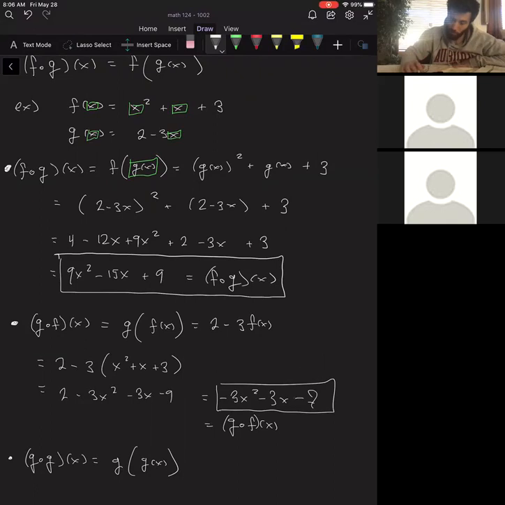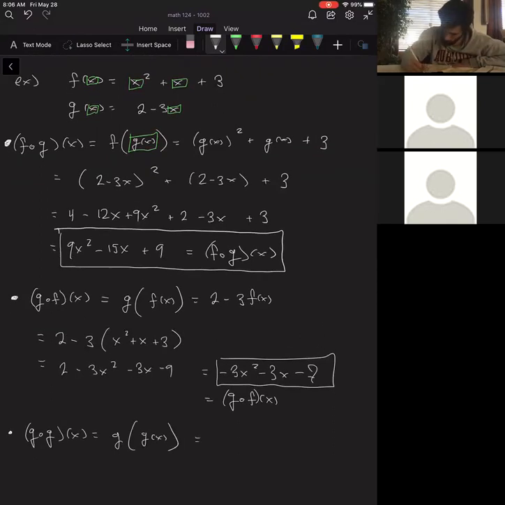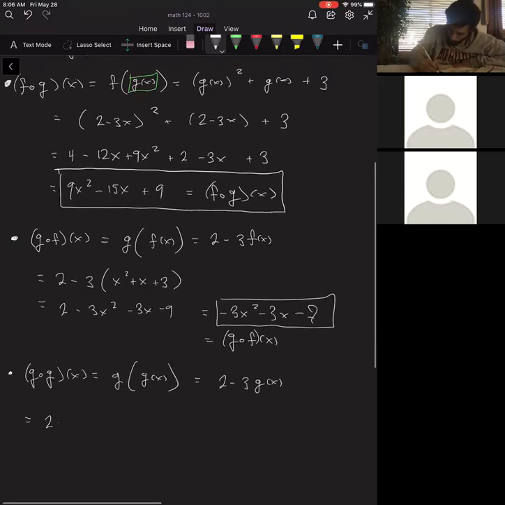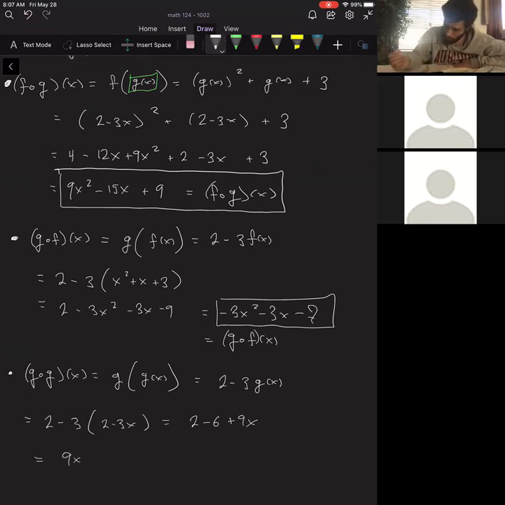This is just going to be 2 minus 3 times g of x, which is equal to 2 minus 3 times, and g of x is 2 minus 3x. So we plug 2 minus 3x in for g of x. This is going to equal 2 minus 6 plus 9x, which equals 9x minus 4.